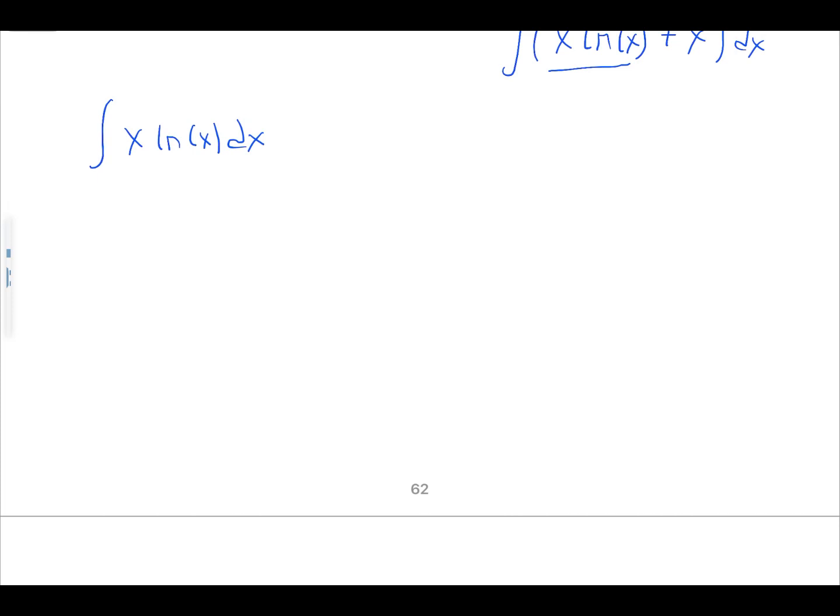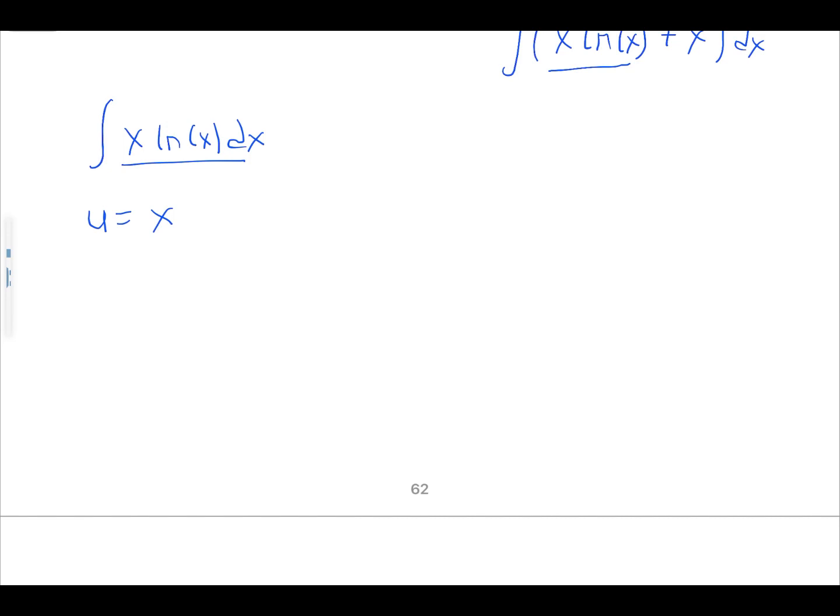Since you have the integral of x ln x dx, we need to make the right decision. Remember I told you that mostly you give u to the function which, when you differentiate, reduces the power. When you look at this one, you can see that when you give u equal to x, we will be able to reduce the power and then do whatever you want to do.